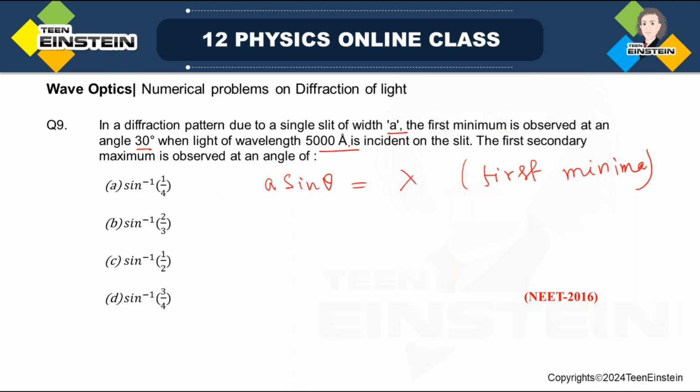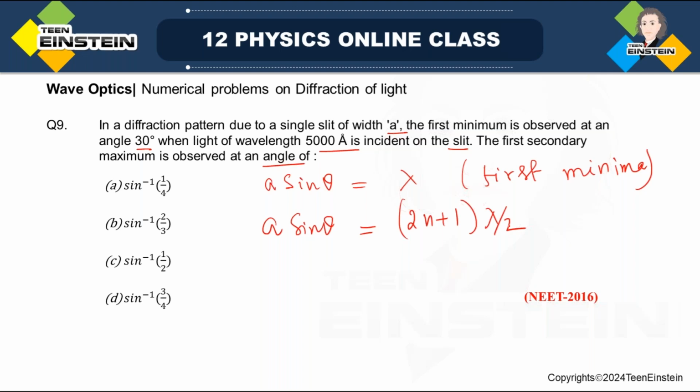When light of wavelength 5000 angstrom is incident on the slit, the first secondary maximum is observed at an angle. You have to find out the condition for secondary maxima. What is the path difference? Here path difference is a sin theta. This has to be (2n plus 1) lambda by 2.